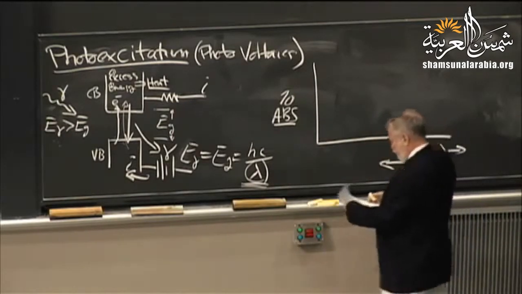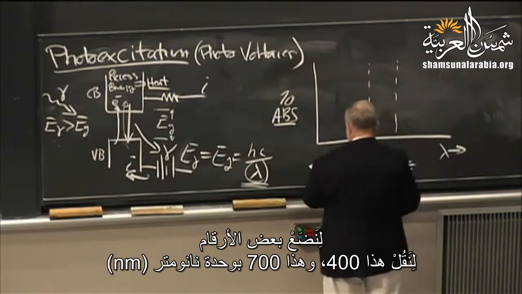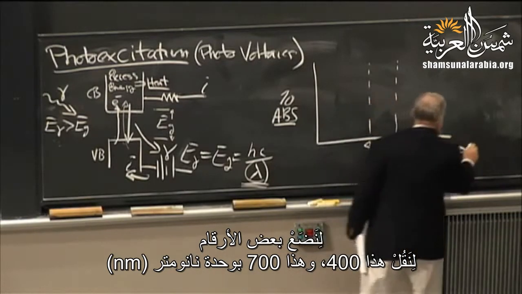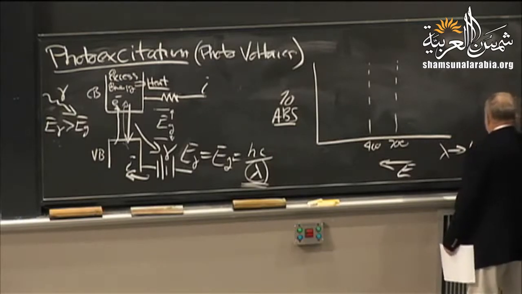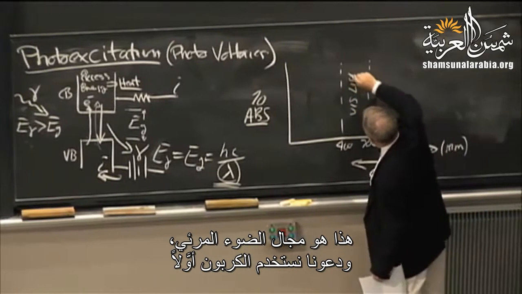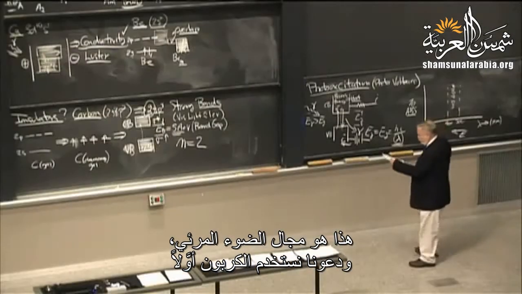And let's put some numbers in here. Let's say this is 400, and this is 700, and this is Professor Sadoway's dreaded nanometers, all right? So this is visible light. And let's put carbon on there.